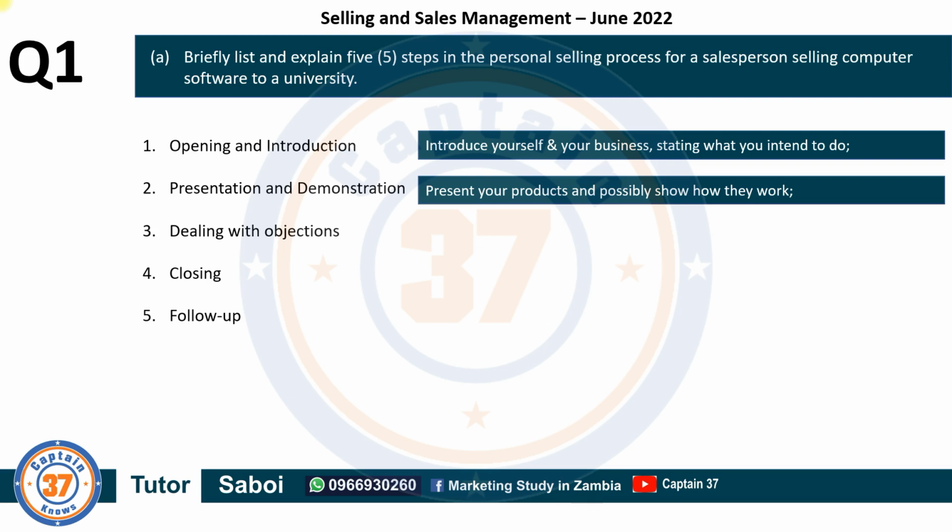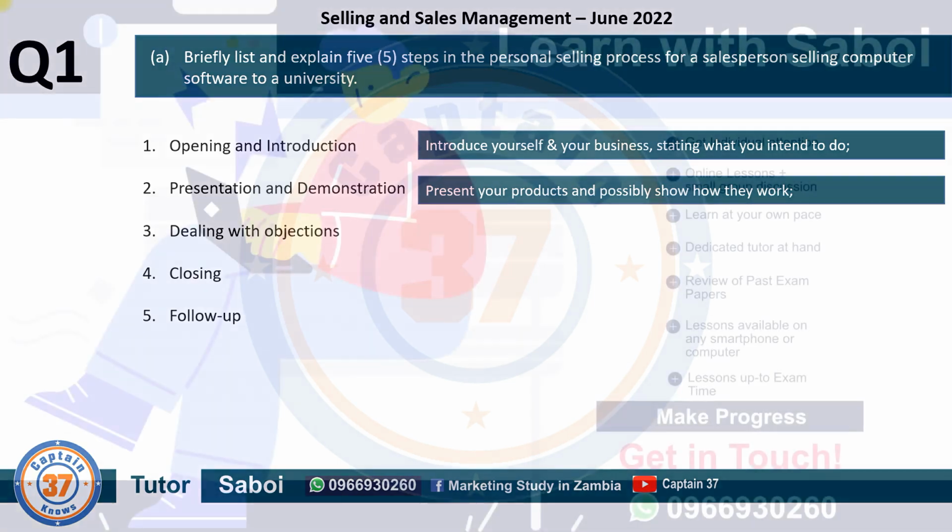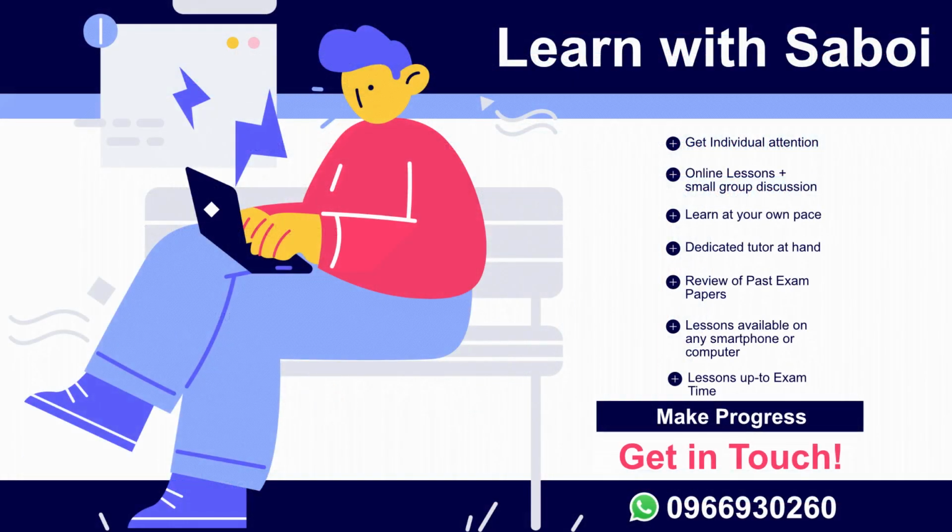This presentation can be a structured presentation or a non-structured presentation. That's a very important point too, because examiners may ask you the difference between a structured presentation and a non-structured presentation.